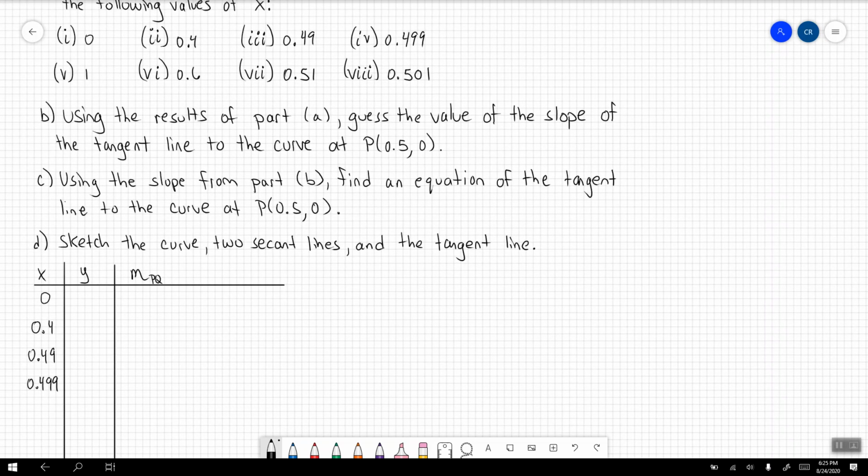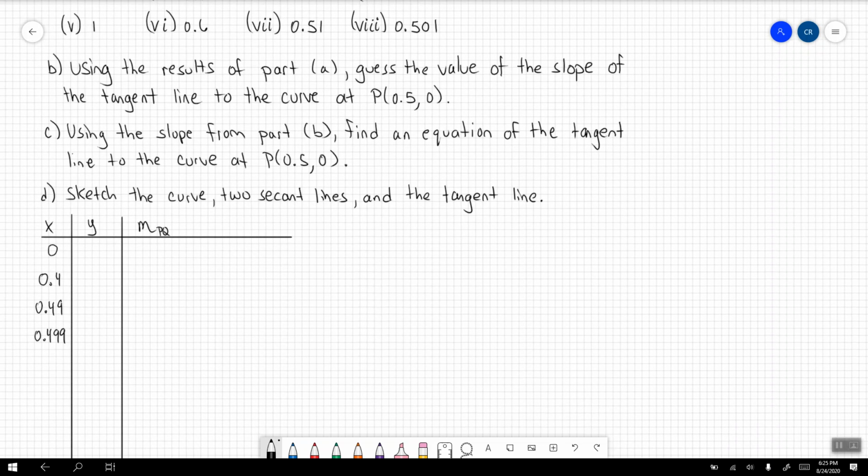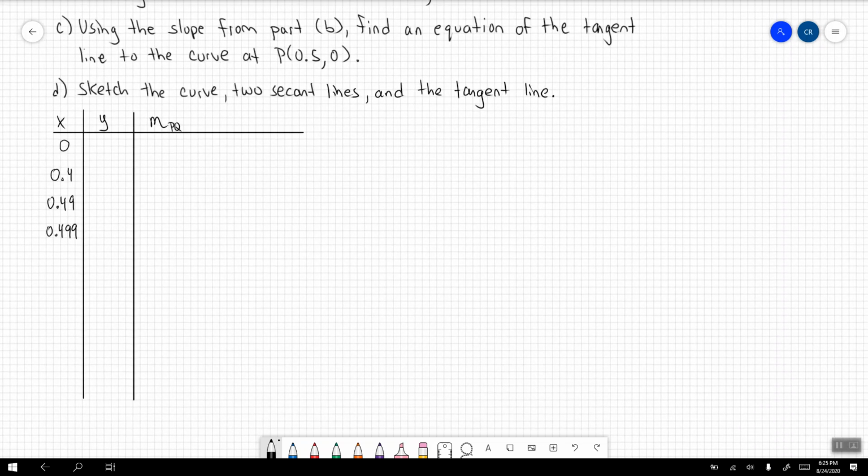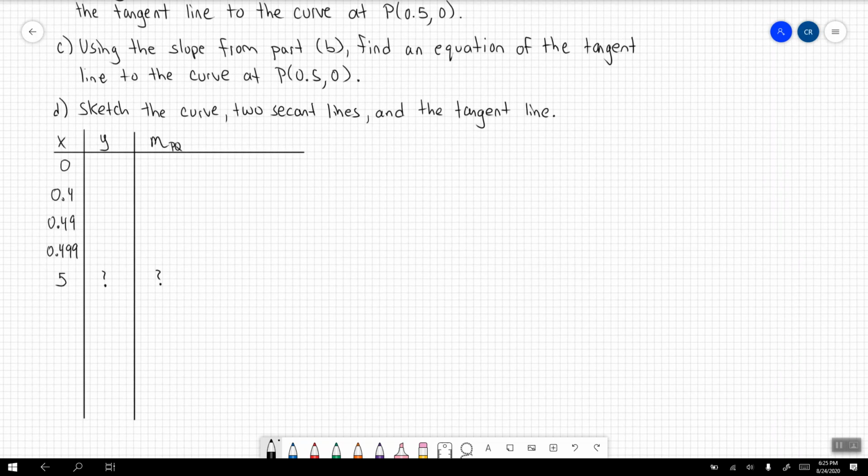Good so far. Great. Now, we don't have a point at 0.5. So what I'm going to do here is I'm just going to insert my 0.5 here, but I'm going to put a question mark here because this is going to be what we're trying to guess: the slope for that secant line once it reaches this value of 0.5.